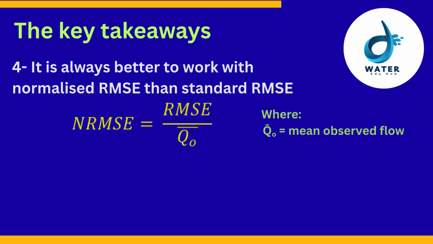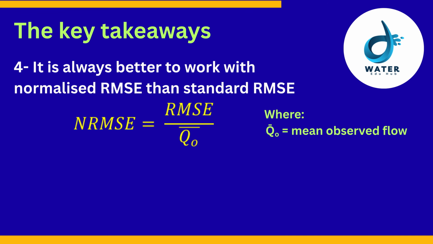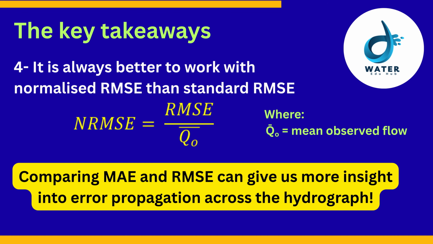Fourth, it is always better to work with normalized RMSE than the standard one to have a better sense of the error scale. Also, note that comparing MAE and RMSE can give us more insight into error propagation across the hydrograph. As you saw, performance assessment in hydrological modeling is multidimensional, and using multiple metrics is not optional, it's necessary.